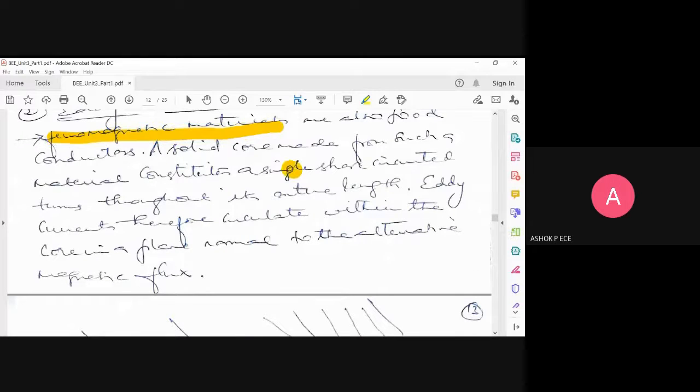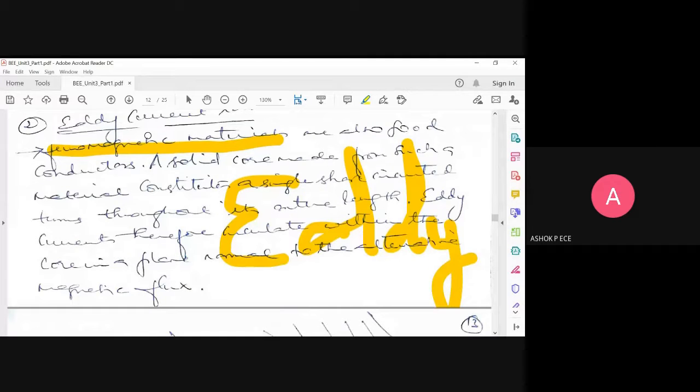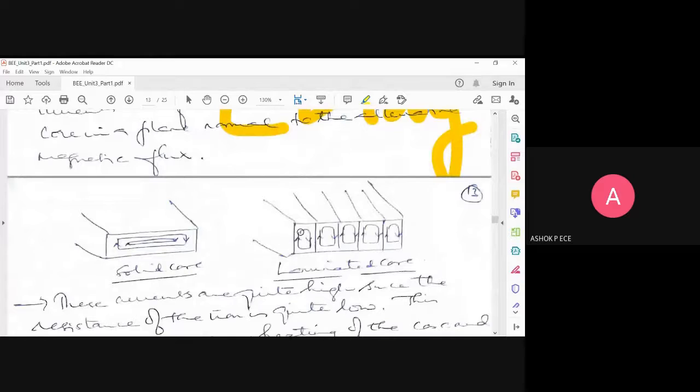This current is called as eddy current. And eddy current will always be present in conductors which are going to have ferromagnetic materials. And you know current will always flow in a closed path. See here, inside this you get a closed path and there a small current is flowing. In a solid core, you will be having the current flowing through the entire dimension of your device.